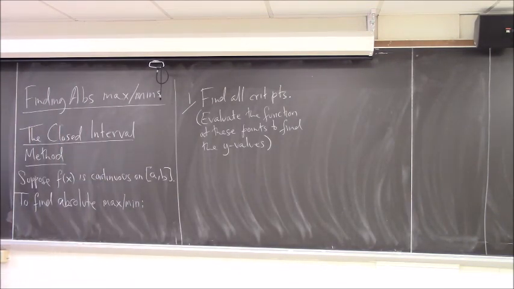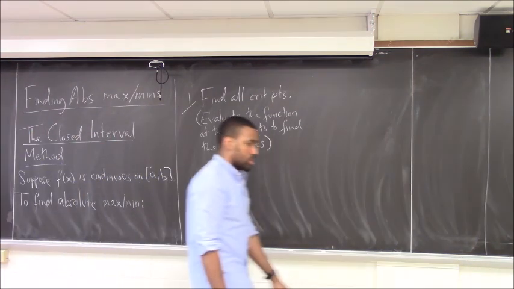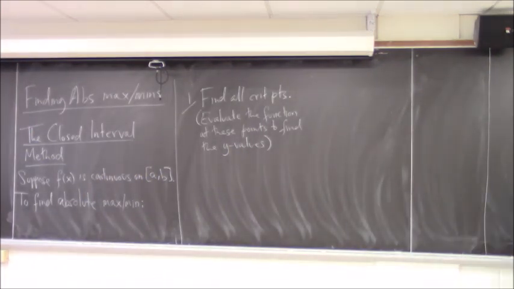I give you a random function, it's continuous on some closed interval, I ask you to find the absolute max or min on that interval. First thing you're going to do is find all the critical points. You're going to find all the points where the derivative is 0 or undefined.